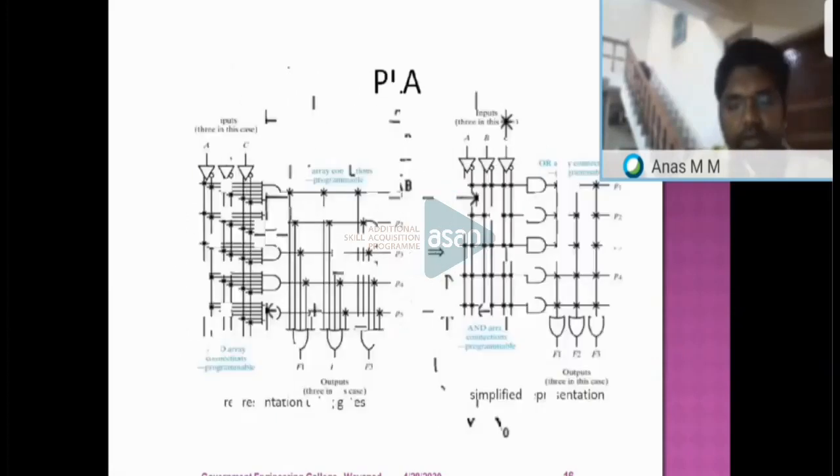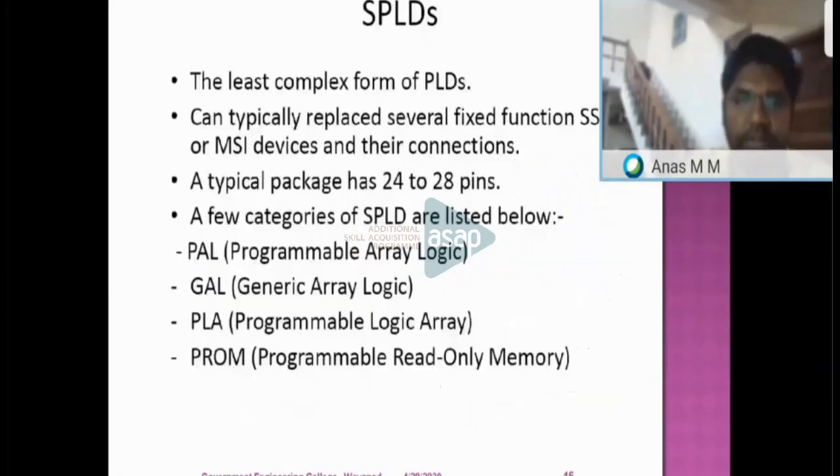So now we have covered all three programmable logic devices. Now we will go to the industrial devices that use this kind of arrays. The first category is SPLD. This is the least complex form of programmable logic device.